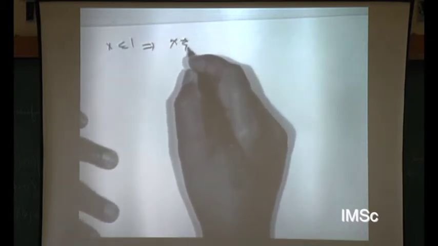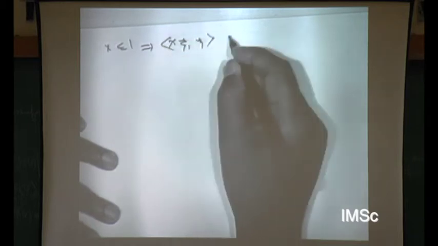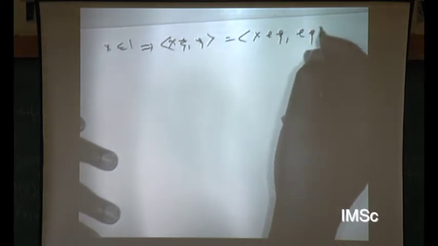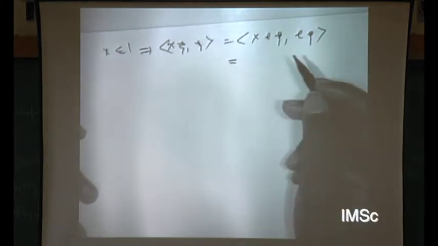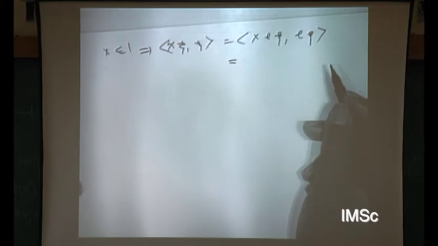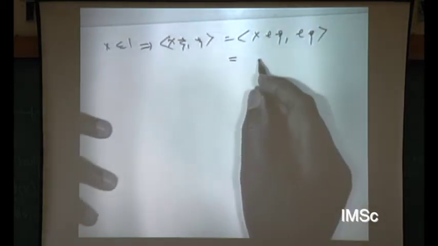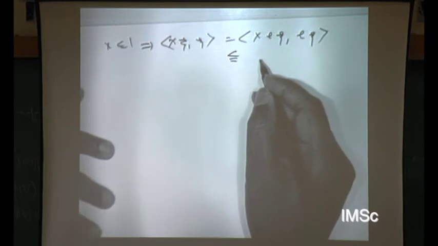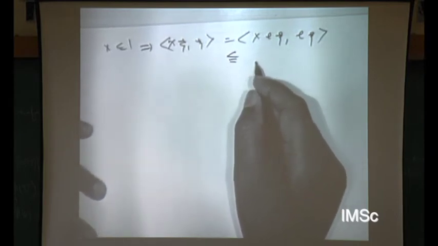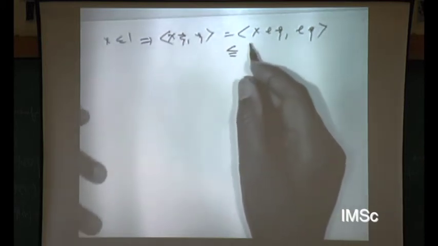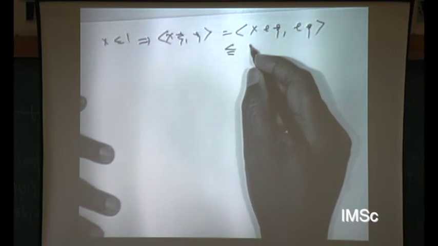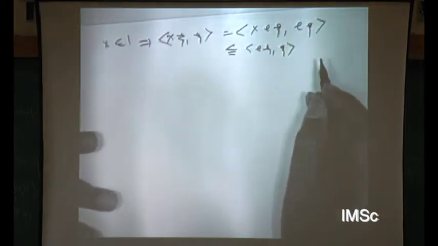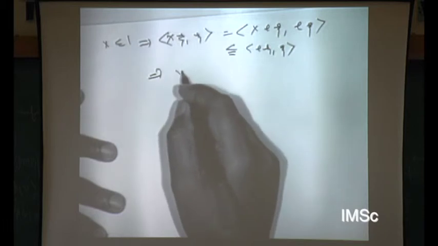So x xi xi is just left with x E xi, E xi. And that is less than or equal to E xi, E xi, since x is less than or equal to 1. E xi is the same as E xi xi. So x is less than or equal to E. Thank you.